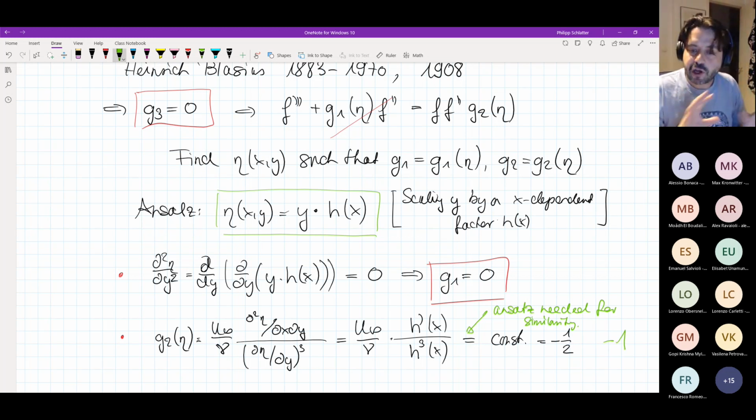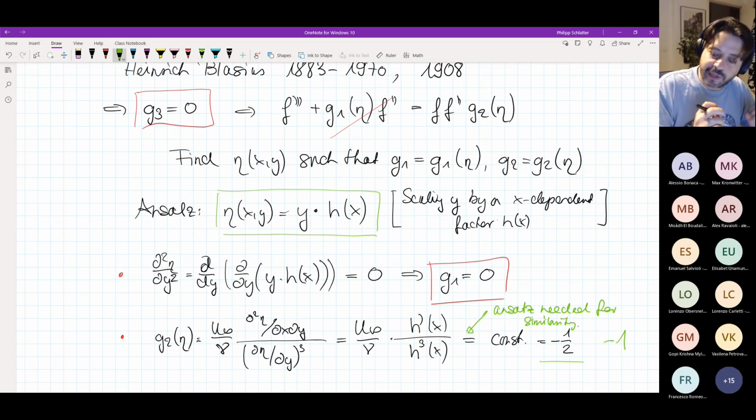So for the Blasius solution, there are 2 different ways in the literature, which unfortunately is not always clear, or they're kind of mixed a little bit. Some people choose -1/2, some people choose -1. Of course, it gives the same result in the end, but the scaling is slightly different. So one needs to be a bit careful. I personally choose -1/2. But I think Wikipedia, I'm not sure, chooses -1. But just keep that in mind.